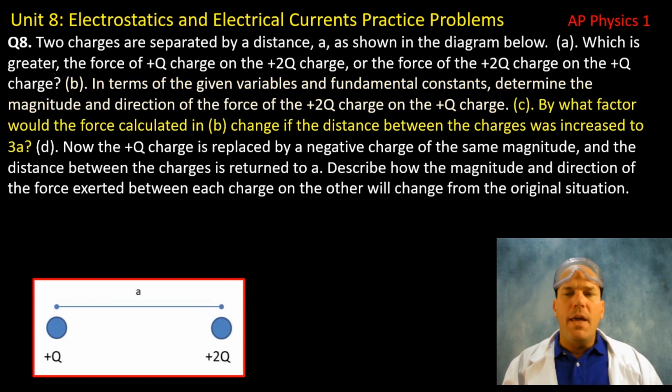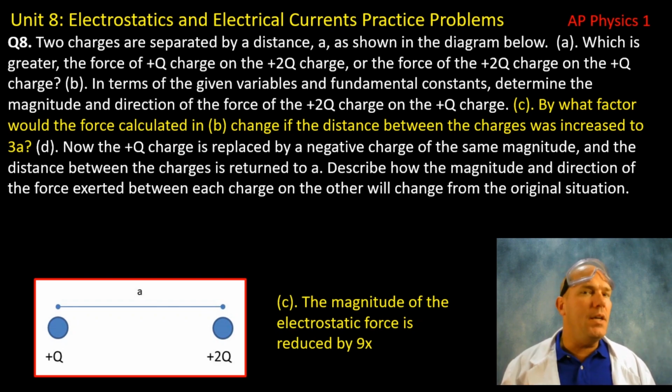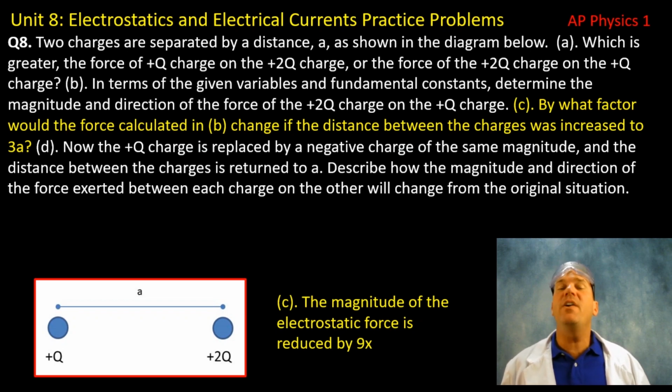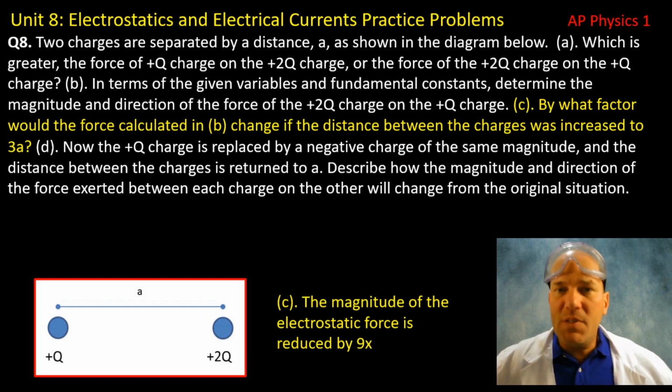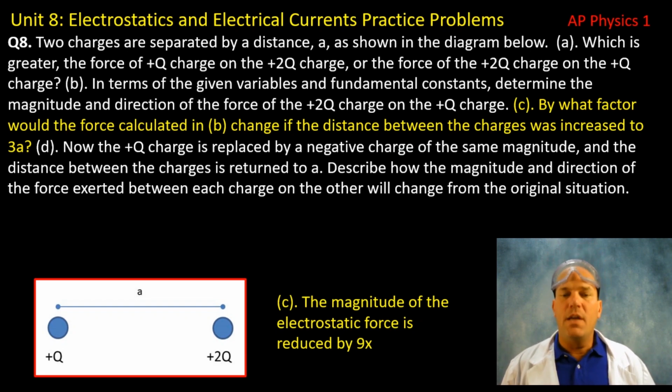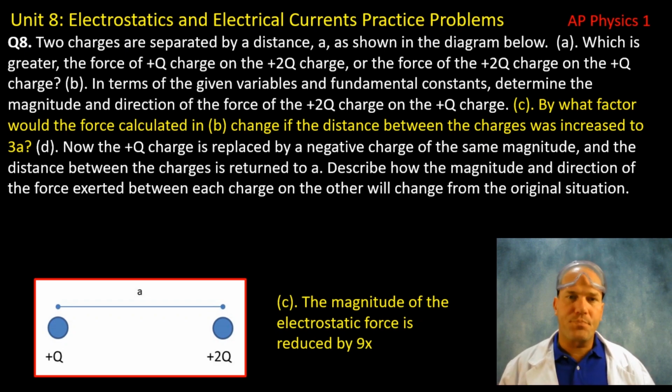In part C, by what factor would the force calculated in B change if the distance between the charges was now increased to 3A? So it's 3 times greater the distance. This will also be assessed on the AP exam.